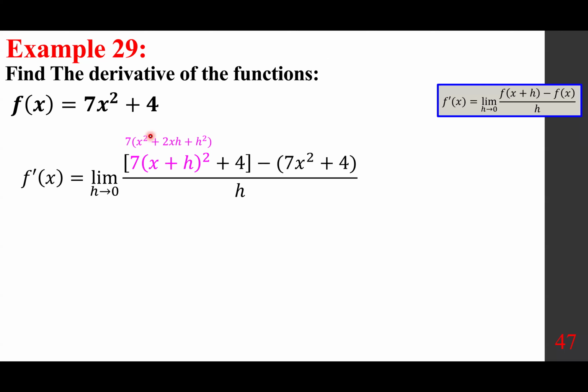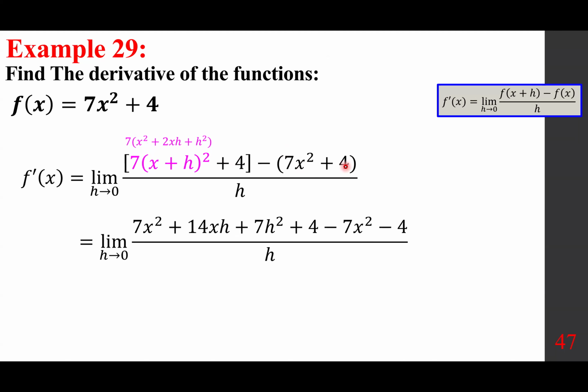You distribute the 7, you get 7x squared plus 14xh plus 7h squared plus 4 minus 7x squared minus 4. 7x squared minus 7x squared cancel each other. So do 4 and negative 4. We are left with this piece.